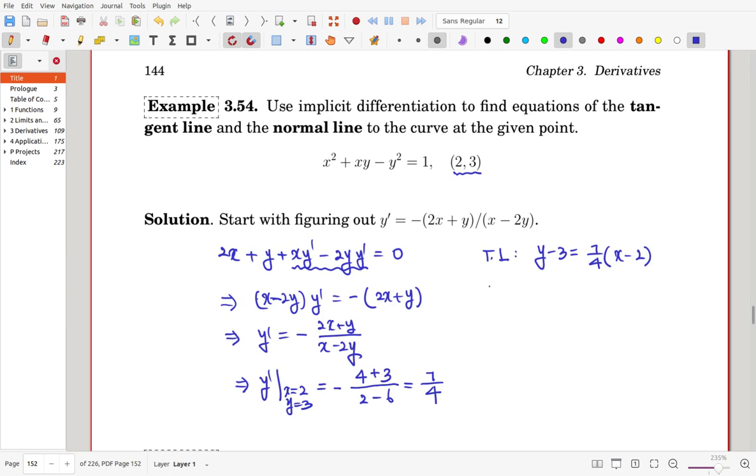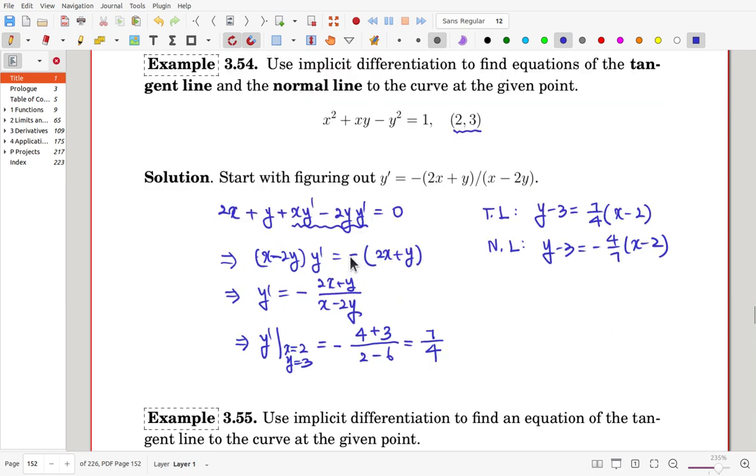Now how about the normal line? The slope of the normal line must be minus 4 over 7, passing through the same point, so y minus 3 equal minus 4 over 7 times x minus 2. Okay, so that's the final answer.